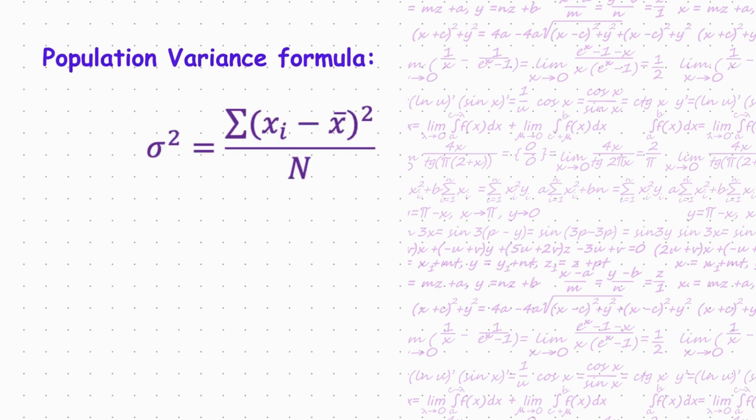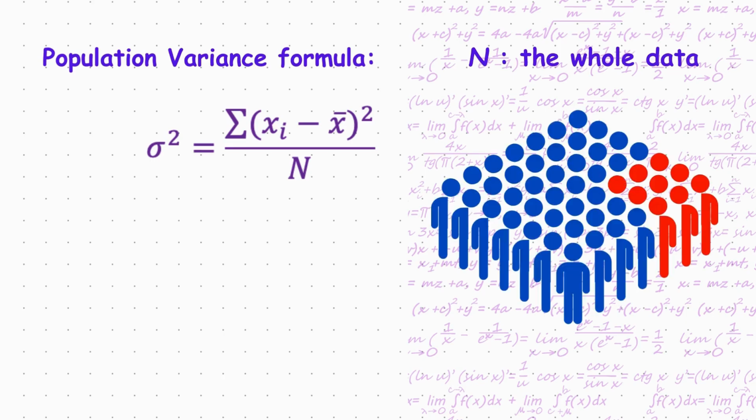Okay, if you paid attention, I kept saying population variance formula. When you are dealing with the whole data points, all the data points that you have, then we call it the population variance. Well, in the real world, sometimes you do not have access to all the data points of an event. Sometimes we have access just to a sample of the data.